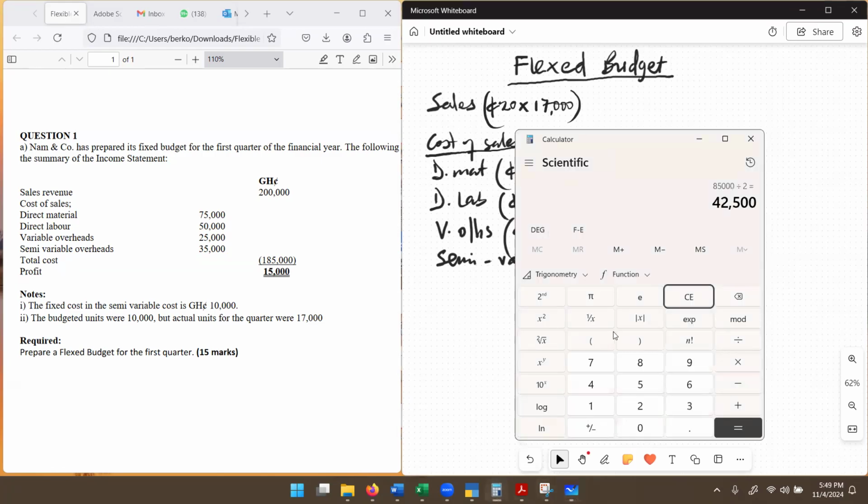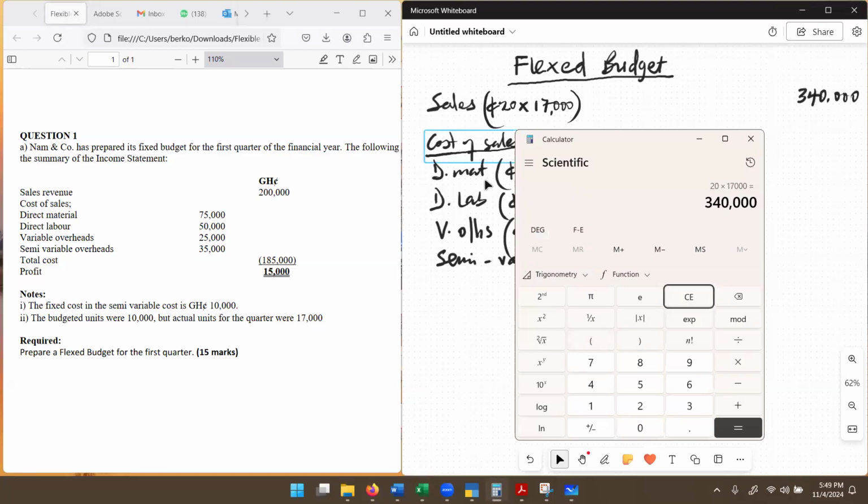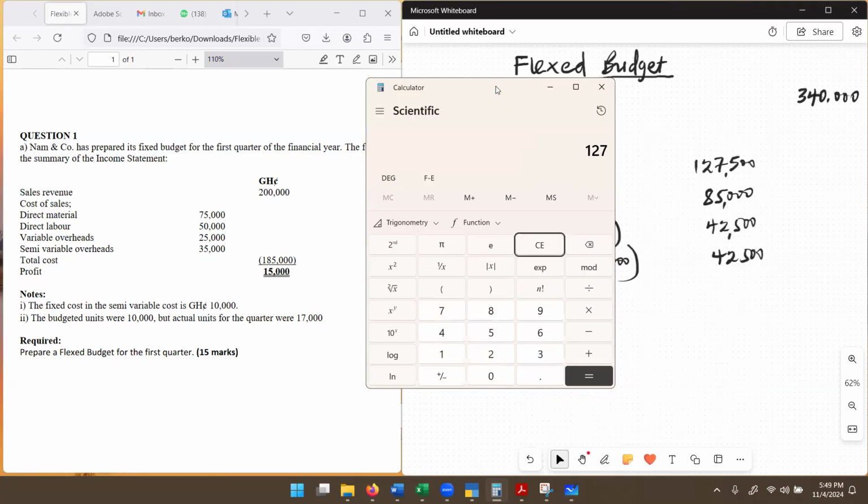Then 20 multiplied by 17,000 gives 340,000. So we have 127,500 plus 85,000, plus 42,500, plus 42,500.